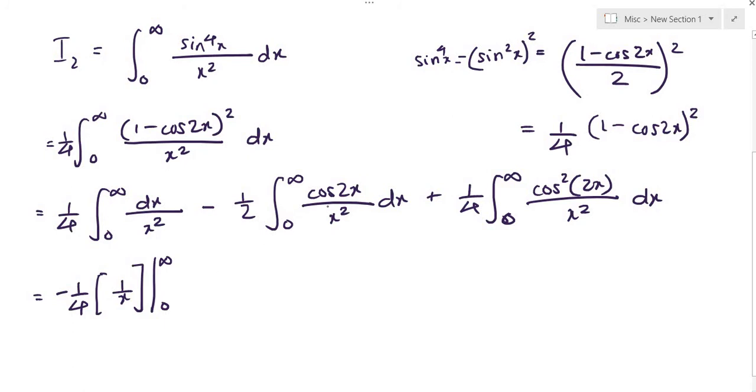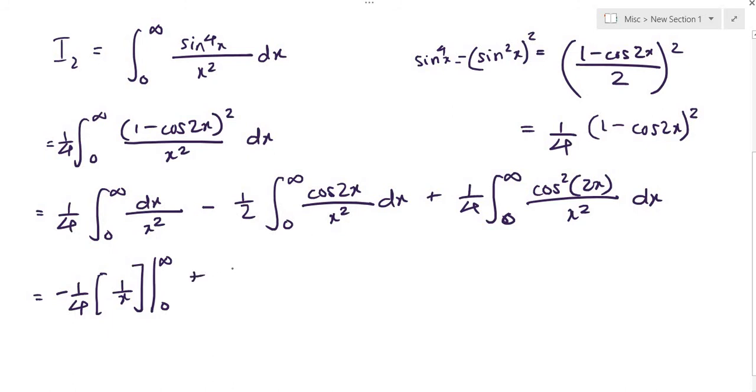And I would like to use integration by parts on this because we further want to reduce the power of x squared and make it into x to the first power. So I'll take a negative outside to compensate for the antiderivative.